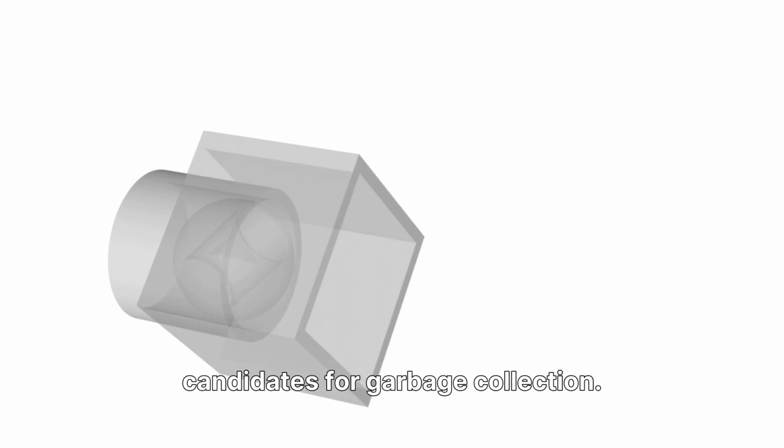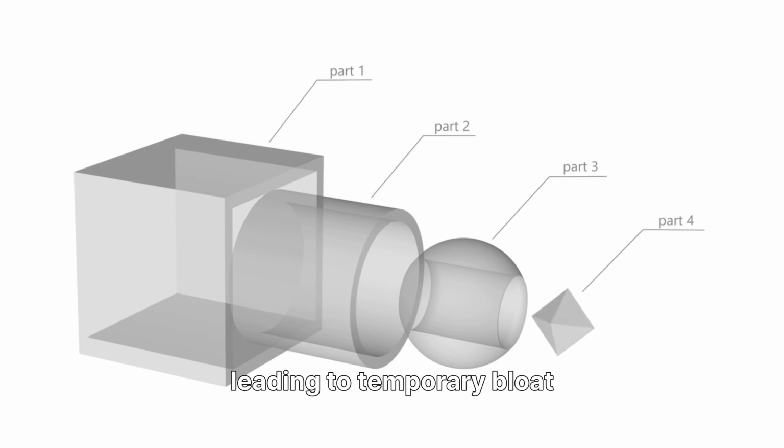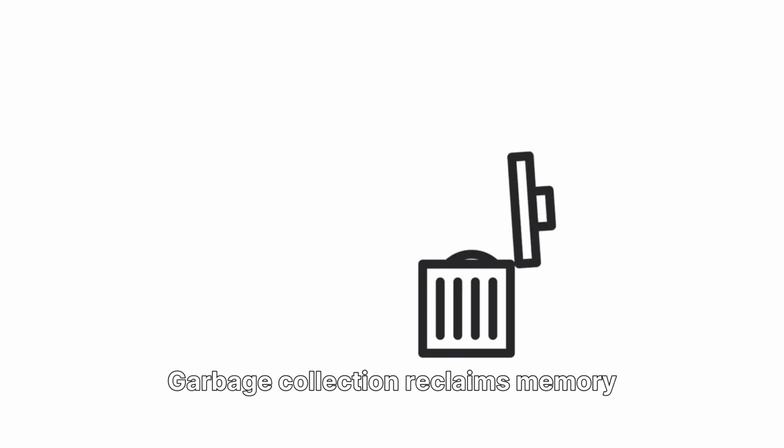When objects are no longer referenced, they become candidates for garbage collection. Memory isn't immediately reclaimed by the .NET runtime, leading to temporary bloat and inefficiency. Garbage collection reclaims memory from unused objects. While essential, the GC process introduces a performance cost, often causing temporary pauses or stutters in execution.